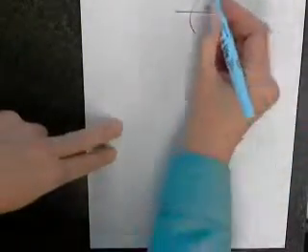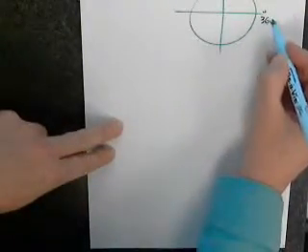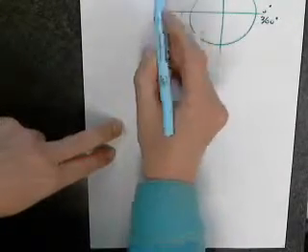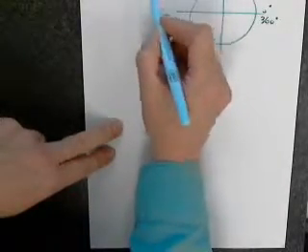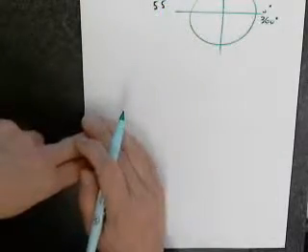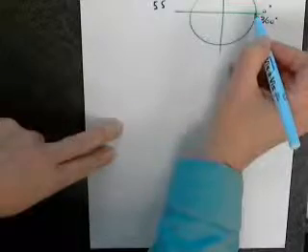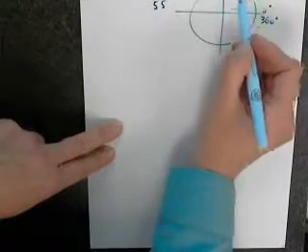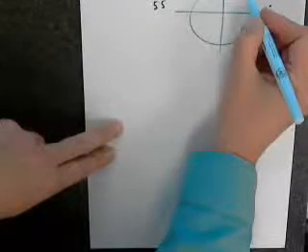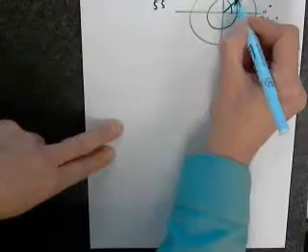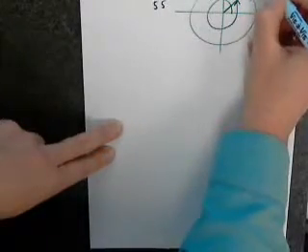I know that this is 0, and when I get back here, I have 360 degrees. Now, I will subtract 360 degrees from 415, and what do I get? Is it 55? Okay, so then I know that from here I have to go up 55 degrees. Well, this is 30, this is 60, so I'm going to say 55 is here. So this is the angle that I'm looking at, 415 degrees.